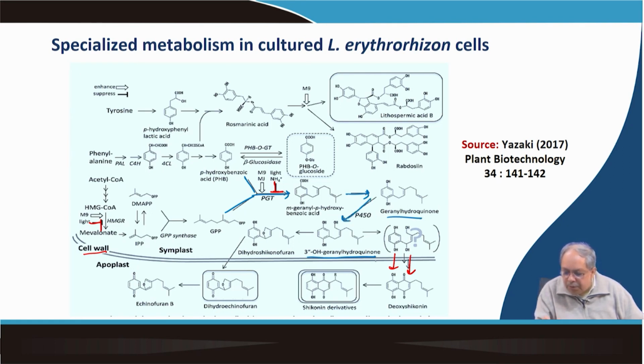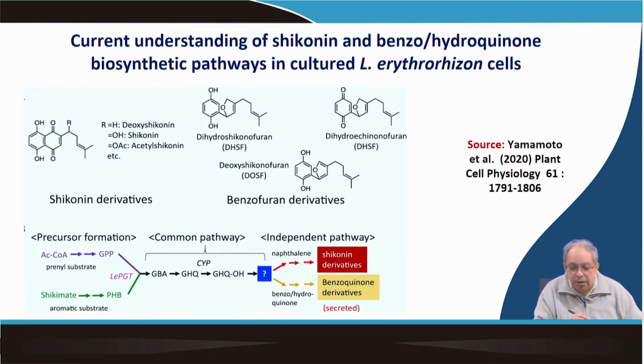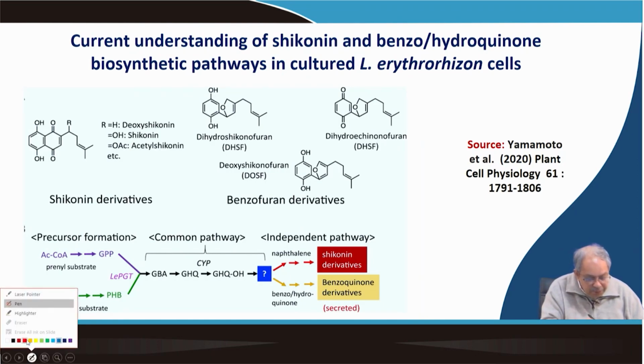From there maybe the pathway produces intermediates leading to deoxyshikonin, and then ultimately shikonin, while the other pathway moves towards dehydroshikonofuran, which makes the shikonofuran. So, this is in general the pathway.